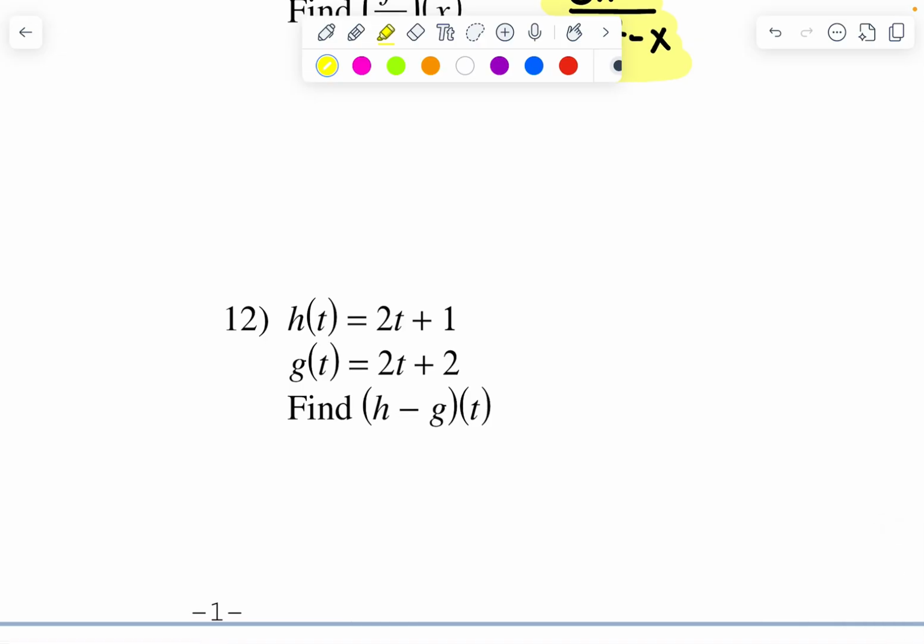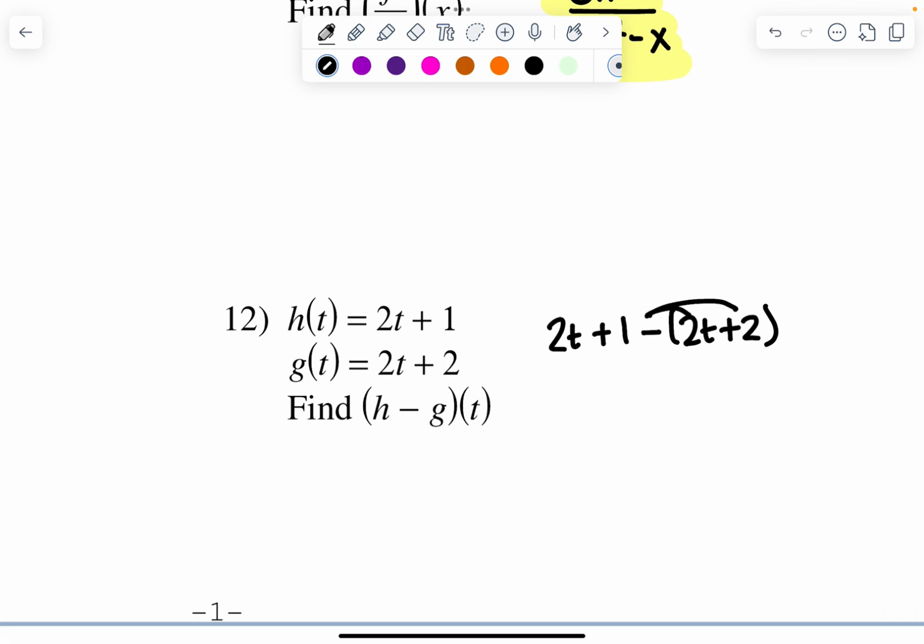H minus g of t. So it's going to be 2t plus 1 minus 2t plus 2. Make sure you distribute your sign. 2t minus 2t, 1 minus 2 would just give you negative 1.